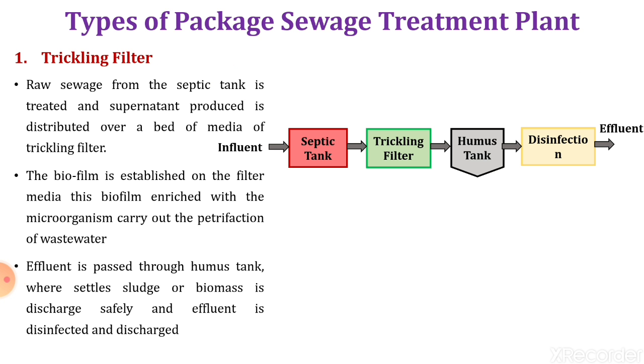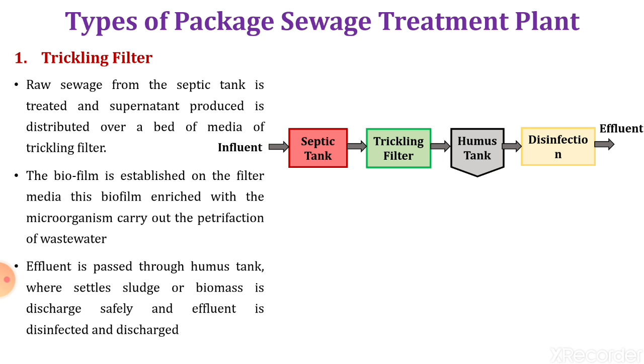Second type is the trickling filter. Raw sewage from the septic tank is treated and the supernatant produced is distributed over the bed of media of the trickling filter, same as in the trickling filter in the secondary treatment plant. The biofilm is established on the filter media. This biofilm, enriched with microorganisms, carries out the putrefaction of the wastewater.